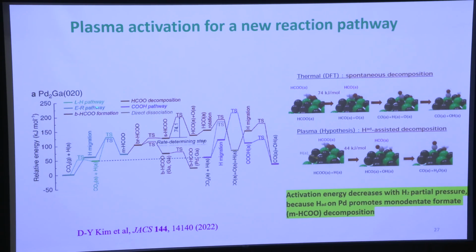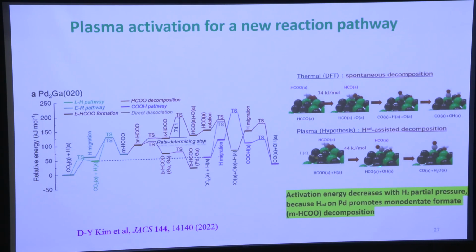And what they found is that here you can see a surface reaction of HCOO with the H radical production, and that created some kind of plasma hypothesis, like H adsorption assisted decomposition. This is called spontaneous. That means this HCOO dissociates, and then forms CO plus H. Here, that is the H assisted.